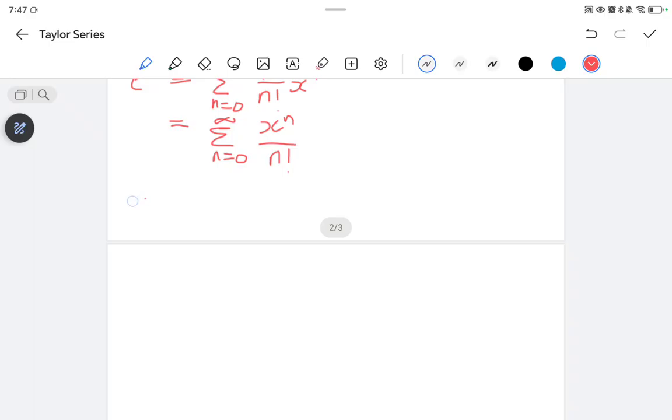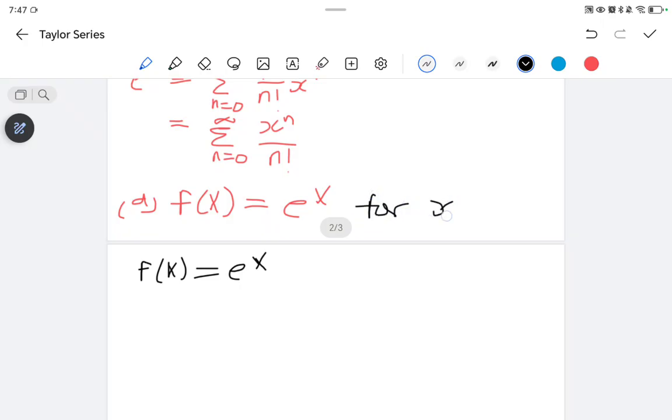They said that f of x is equal to e to the x. Then if we plug in 0, don't forget we were saying that x is equal to 0, right?